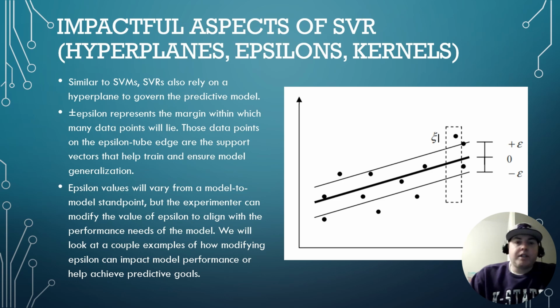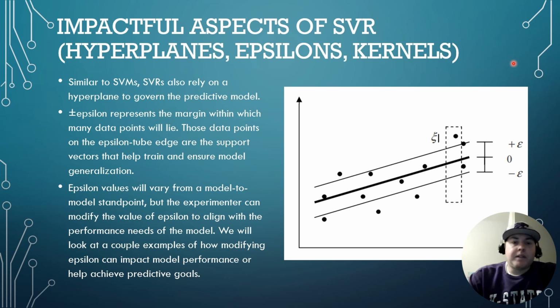Similar to support vector machines, support vector regressions do rely on a hyperplane that governs the predictive model. So this is an example of a support vector regression. We have the hyperplane. The line above and line below represents our error margin, indicated by the plus and minus epsilon.